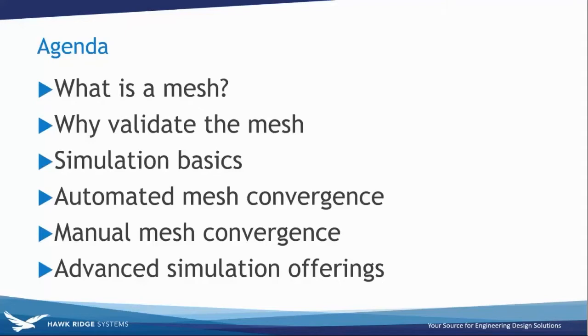Once I have a solution for that example, I'm going to introduce numerous automatic and manual meshing techniques for proving mesh convergence. I'm going to explain the pros and cons of each method so you can be confident when using them in your simulations. Finally, I'll mention some presentations happening later in the conference, as well as some of the more advanced simulation offerings from SolidWorks and Dassault Systems.